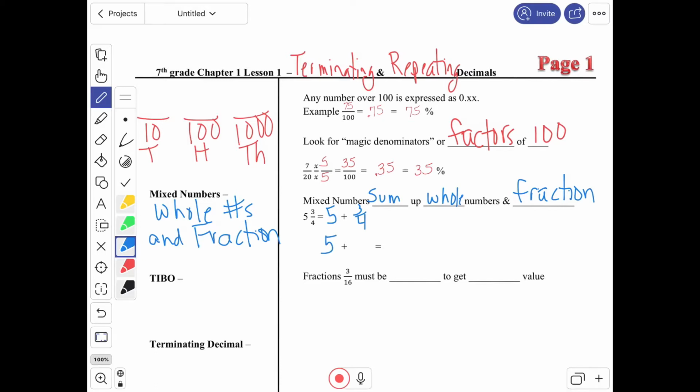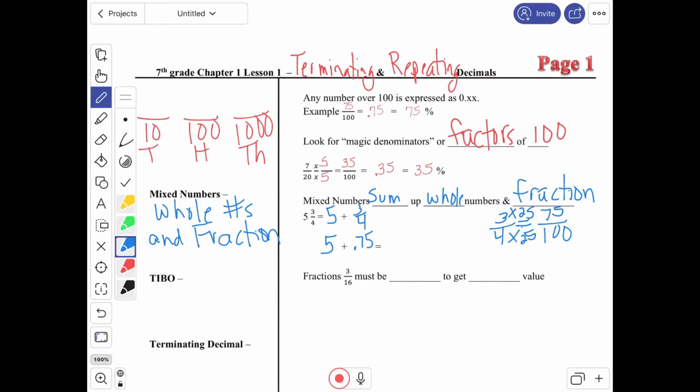And 5 as a decimal is just 5. And 3/4 as a decimal, again, that's one of those magic ones. You could change it to a 100 by multiplying the denominator times 25 and the numerator also times 25, and you would get 75.